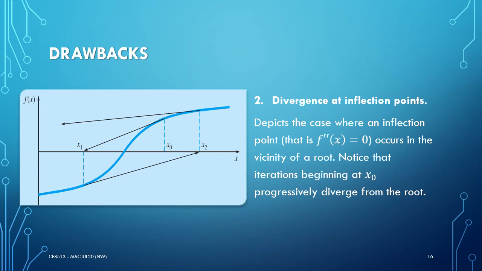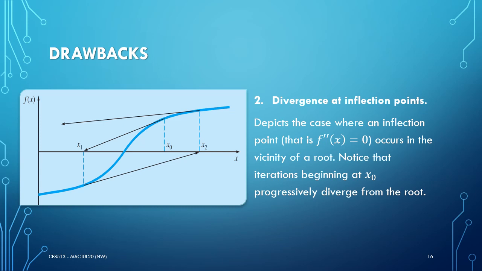The second drawback of the Newton-Raphson method is divergence at inflection points. The figure shown here depicts the case where an inflection point, that is f double prime equal to 0, occurs in the vicinity of a root. An inflection point is when the curve changes from concave upward to concave downward. I have shown what an inflection point is in the lecture notes. You can refer to the lecture notes.